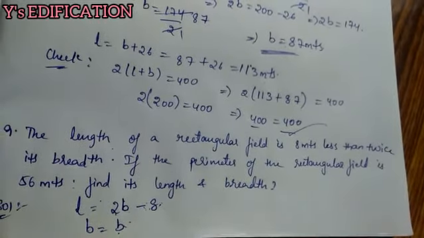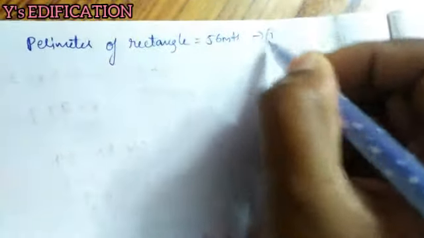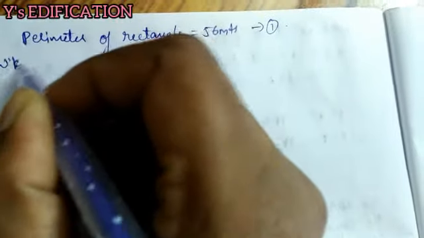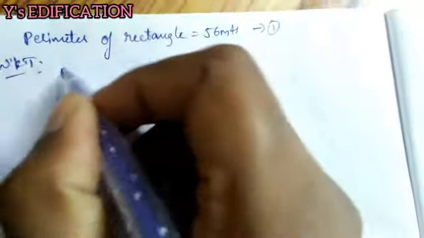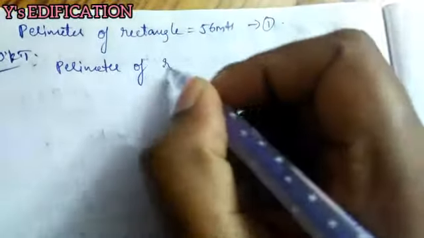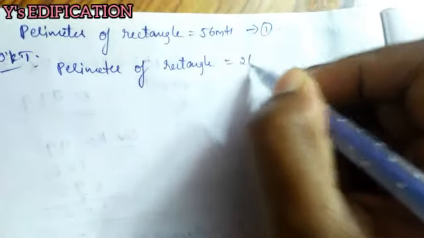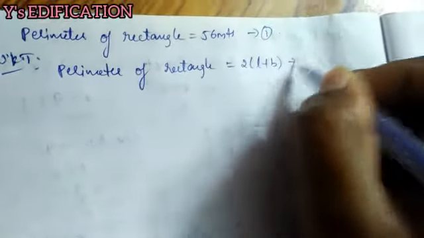The breadth is B. And they gave the perimeter of the rectangle as 56 meters, so this will be equation 1. What we did in the previous one was note down the perimeter formula, 2 into (L plus B).